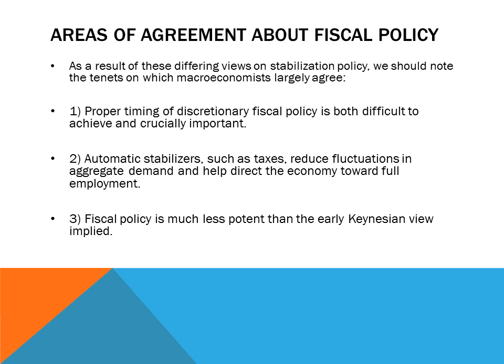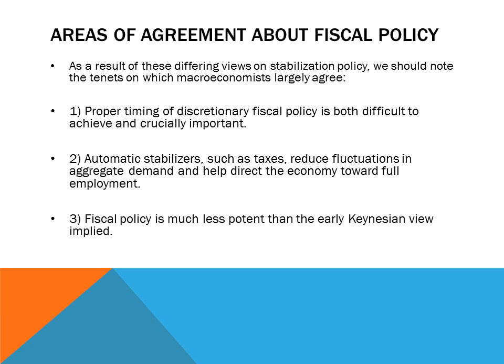So you may have a recession, but in the meantime, market forces may move the economy back to full employment equilibrium. At the time when you introduce a stimulus or expansionary fiscal policy, it may throw the economy out of balance. Secondly, automatic stabilizers such as income taxes or sales taxes reduce fluctuations in aggregate demand and help direct the economy toward full employment, as we covered in the previous lecture.